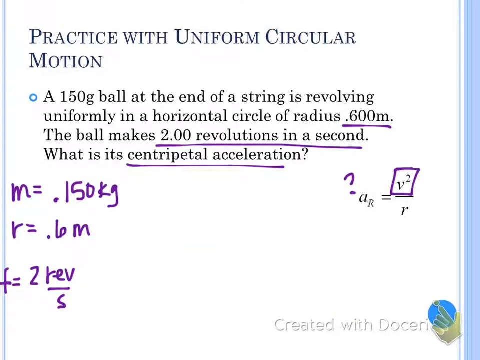So velocity equals 2 pi r over t. If you want to punch in 3.14, that's fine, or you can use the pi button. That doesn't really make a difference to me. I usually use the pi button, but it's not going to make that big of a difference.